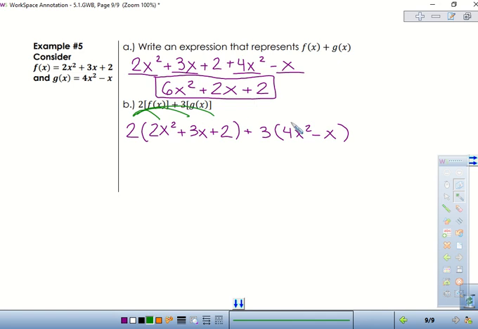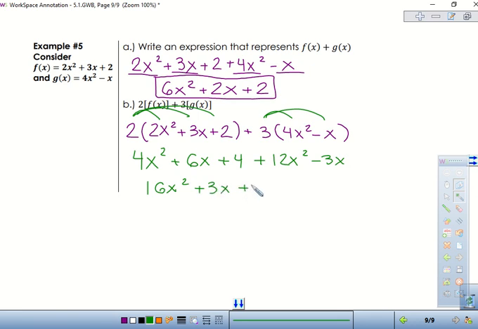Distributive property. So you're going to use the distributive property on both. That's going to give you 4x squared plus 6x plus 4 plus 12x squared minus 3x. And then you're just going to identify and combine all the like terms. And you should end up with something like this.